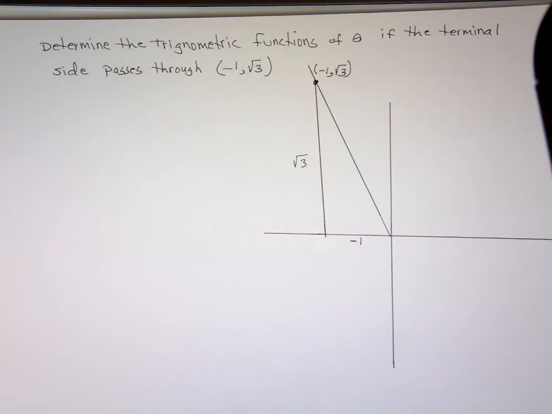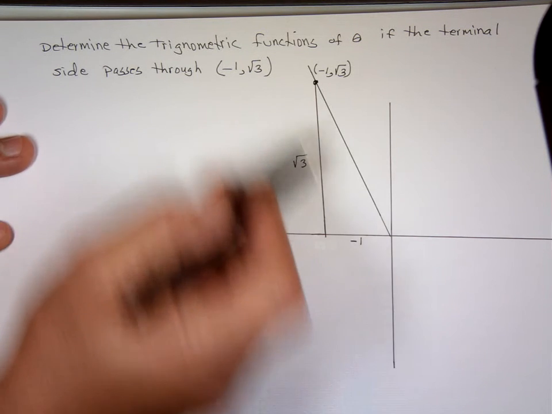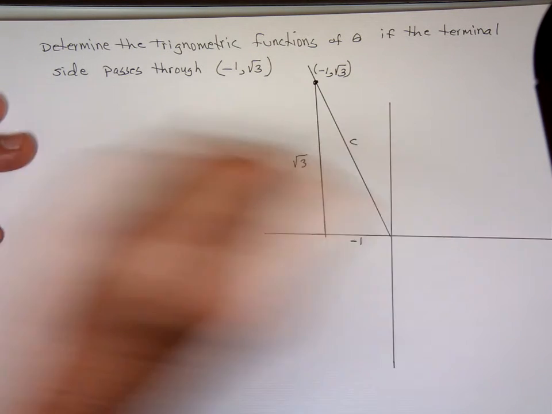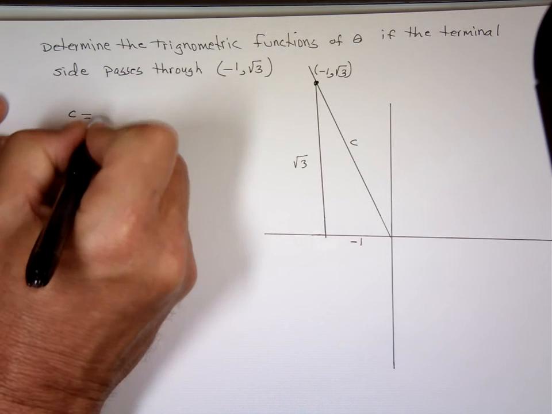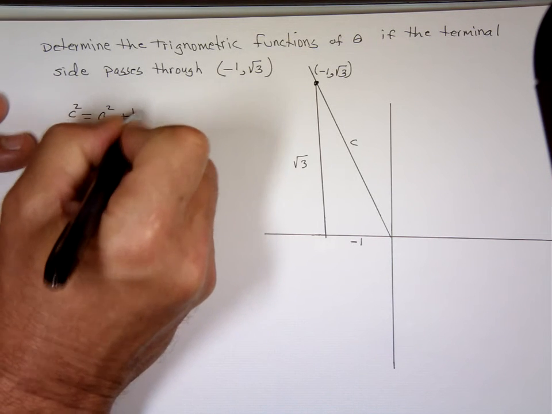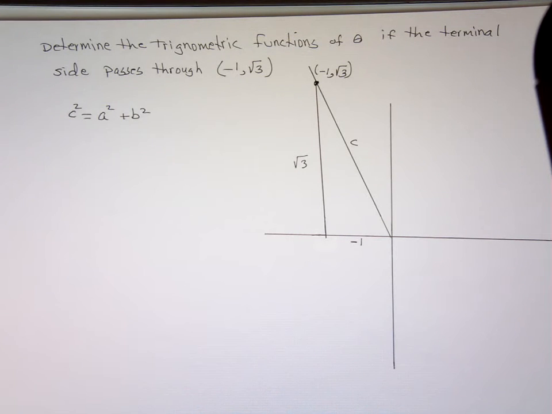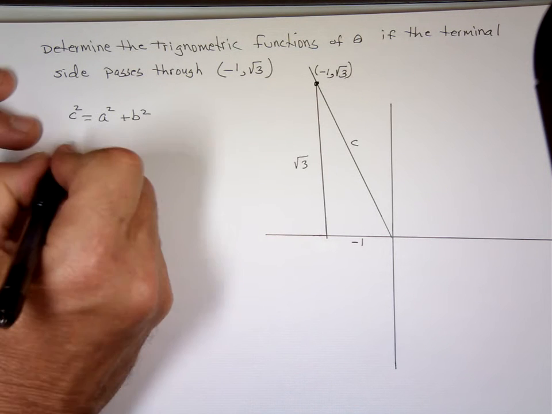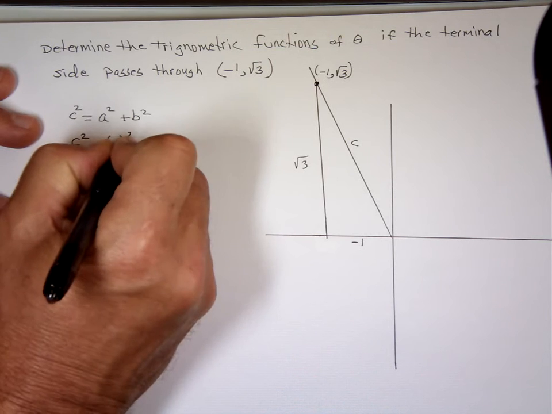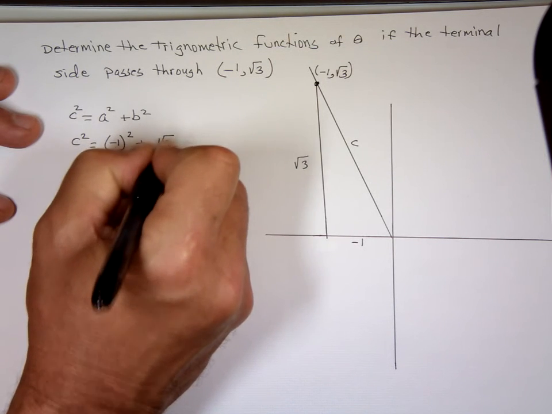Again, can I find what this side is? This side is C. Pythagorean Theorem says C squared equals A squared plus B squared. C squared equals what? -1 squared plus the square root of 3 squared.